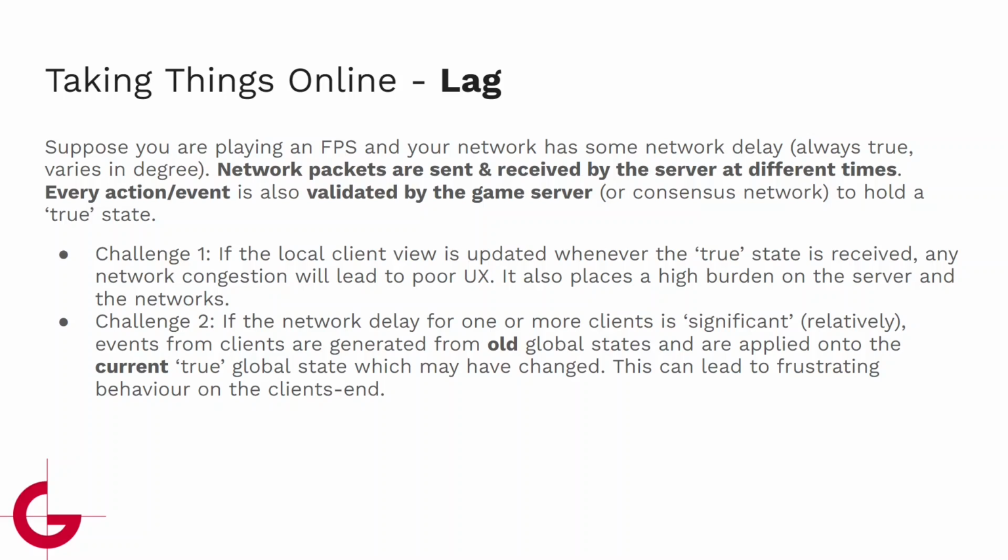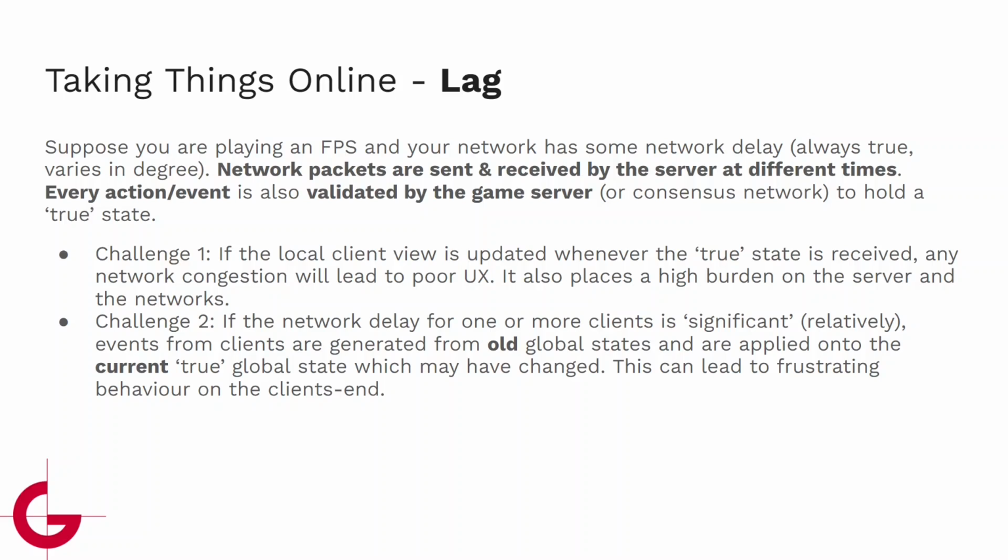So challenge number one is if the local client is updated whenever the true state is received, and network congestion will lead to poor user experience. And challenge number 2 is if the network delay for one or more clients is relatively significant.